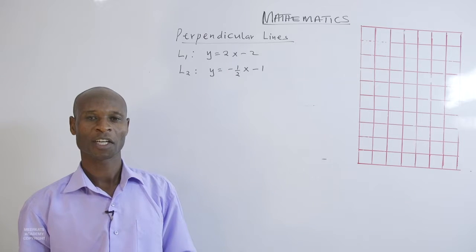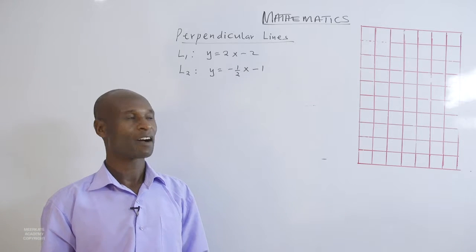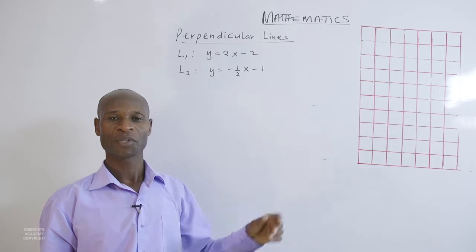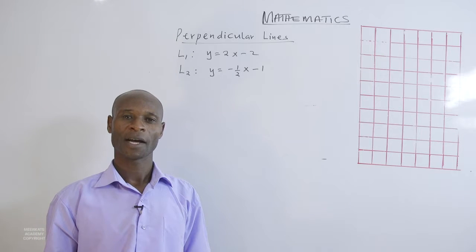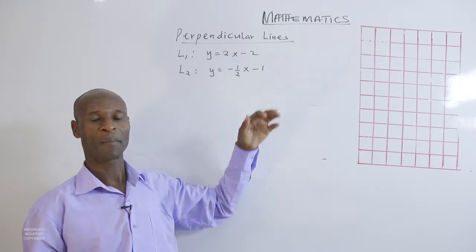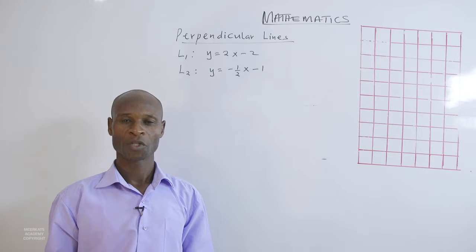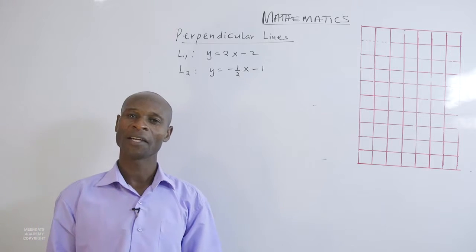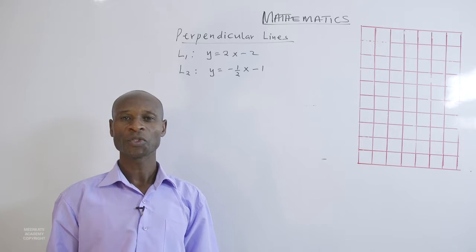If you want to construct a modern structure, you will discover that the beams can be placed at right angles to each other. That means the beams can be perpendicular to each other. So this concept of perpendicular lines has applications in real life situations.